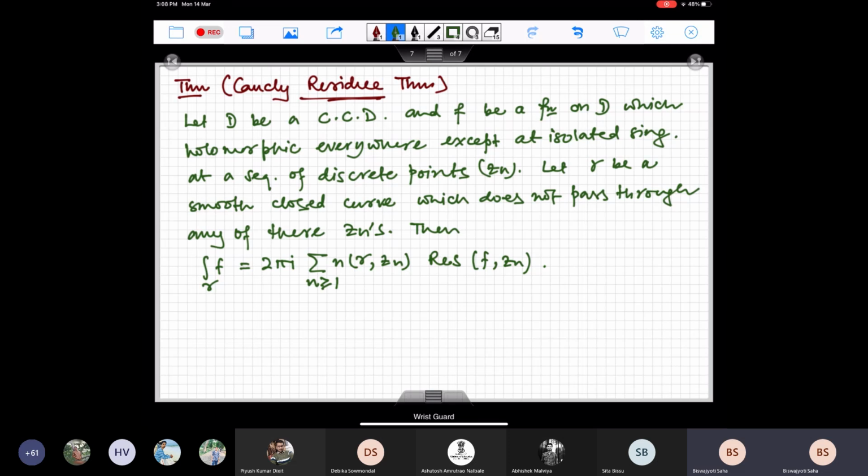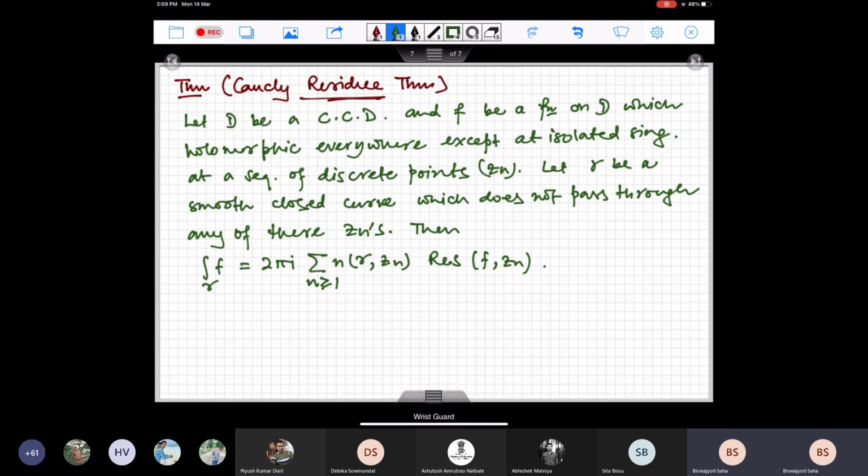Okay, but I would say that you really don't have to bother about convergence of this infinite sum, because actually all but finitely many terms in this infinite sum are equal to 0. So therefore there will not be any issue of convergence.